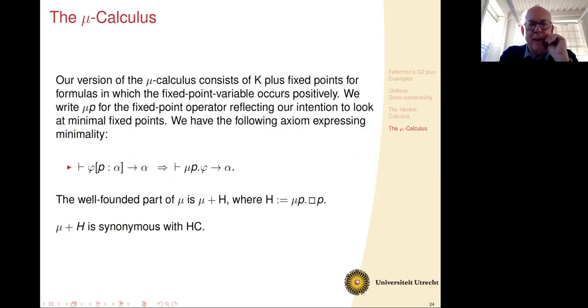So what constraints on fixed points will give you a consistent theory? The most liberal constraint I know is that the fixed point variable outside of the scope of a box should occur in positive places.